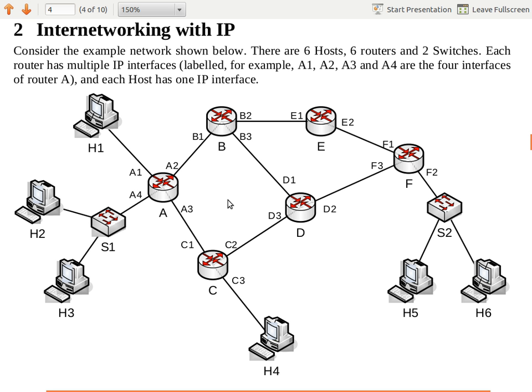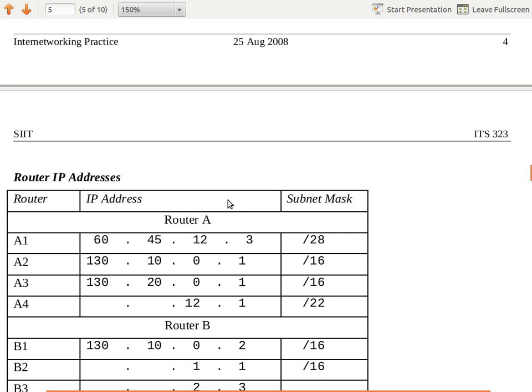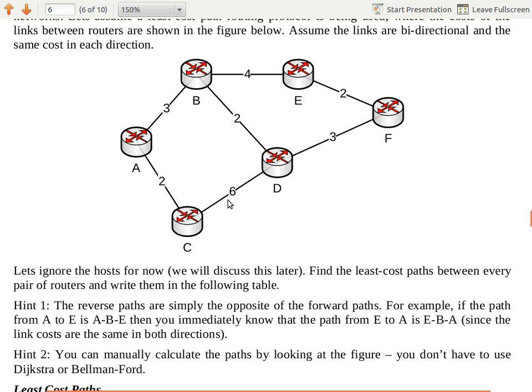We're going to skip the step, but we could calculate the least cost paths. If we know the costs of each link, which was given in this part of the question, you can find what is the least cost path from A to F. I've calculated it before.